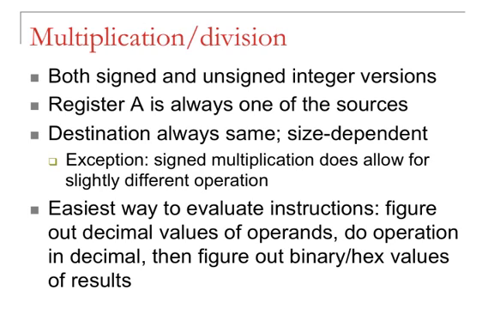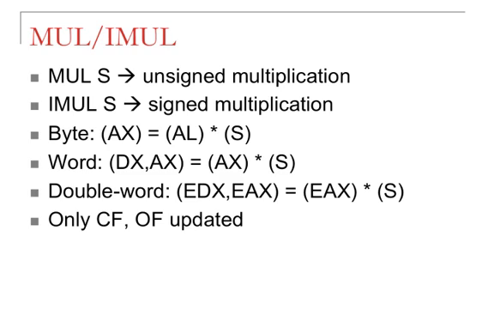It's size dependent. There's an exception. Signed multiplication does allow for a slightly different operation. The easiest way to evaluate these instructions is to figure out decimal values of operands, do the operation in decimal, then figure out binary hex values of results. That's for you if you want to sketch out what will be the outcome of these instructions. You can change them to decimal and do the multiplication, then change them back.